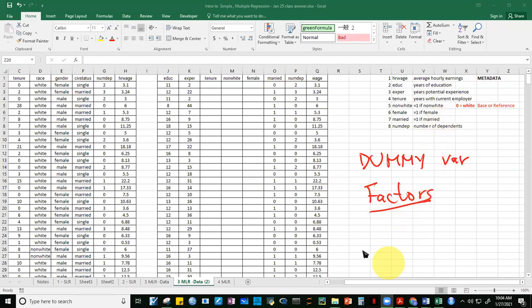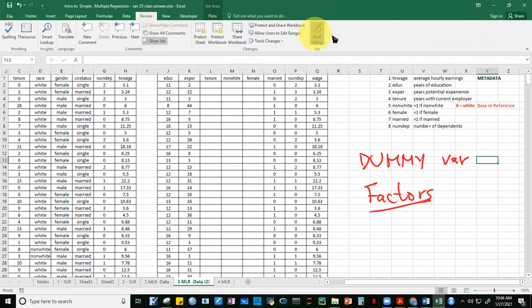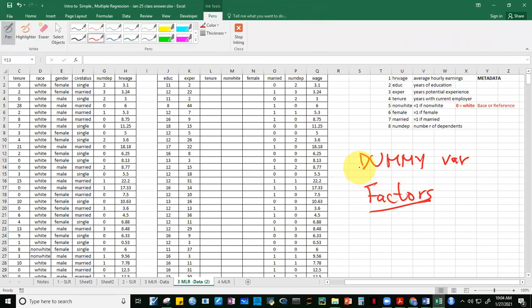Okay, now that's important kasi yung dummy variables natin na i-insert, okay, will be equal to... problema itong digital writing pad. So the number of dummy variables will be equal to the number of factors minus 1. Okay?